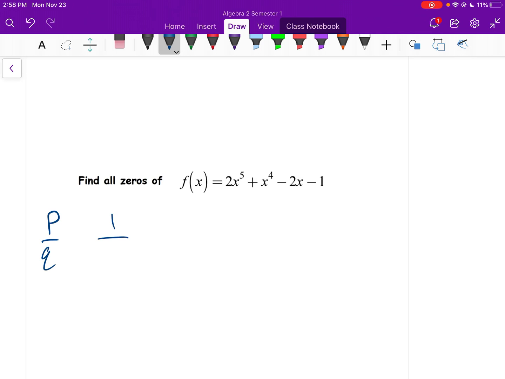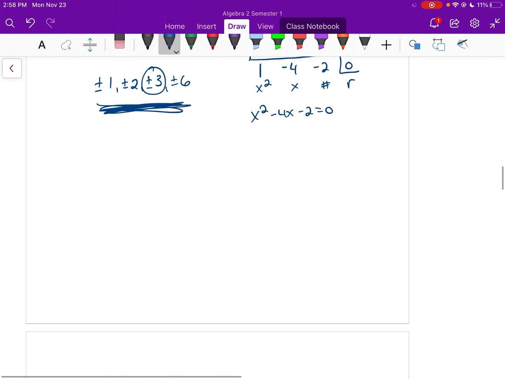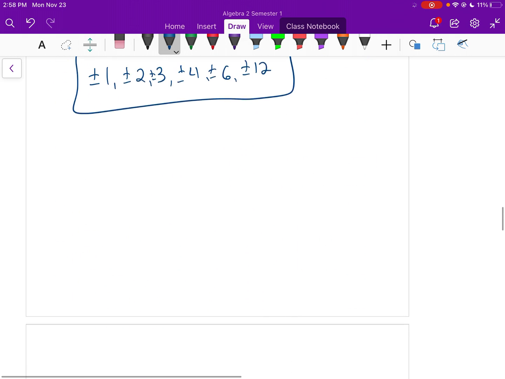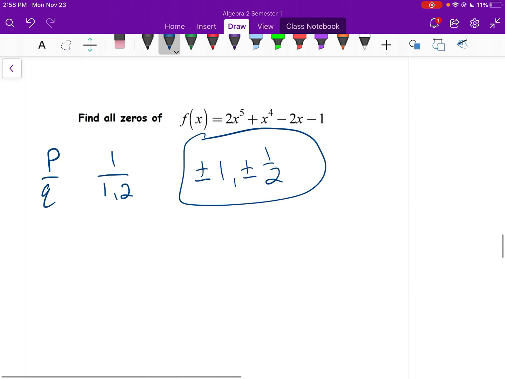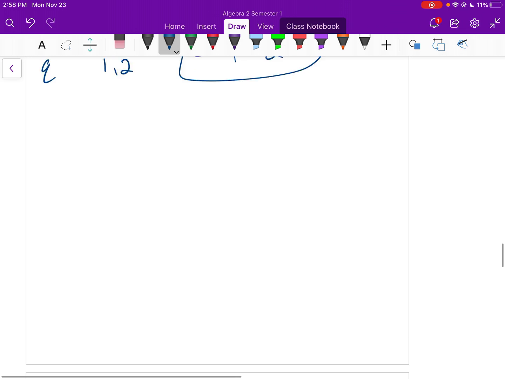Factors of the constant are just 1. Factors of the leading coefficient, which is 2, 1 over 2. So our possible roots are 1 over 1, so 1, and then plus or minus 1 over 2. So again, when I'm asking for just possible rational zeros, I'm asking you to use this rational root theorem to give me those plus or minus values.